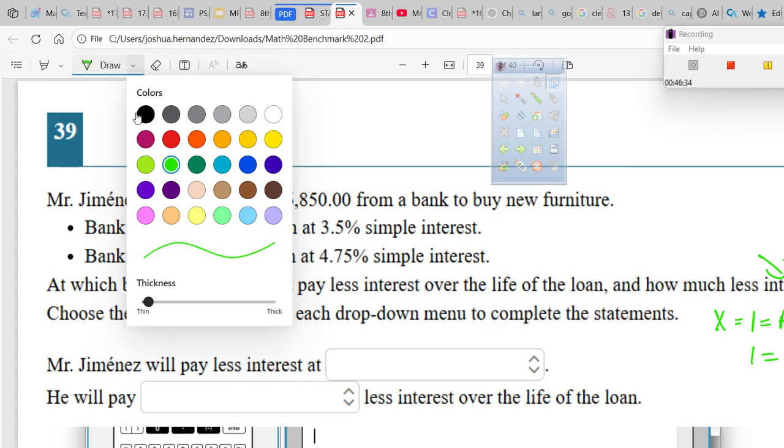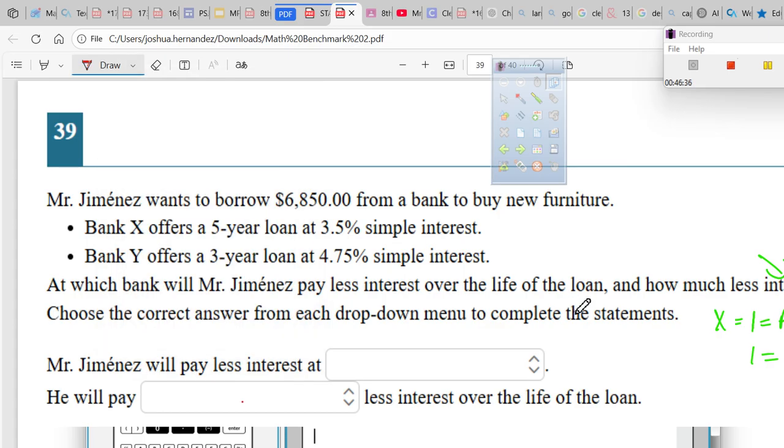We change the color. Go this one here. At the other one, at Y, I equals, still simple interest, of 6,850 times 4.75% for the 3 years.